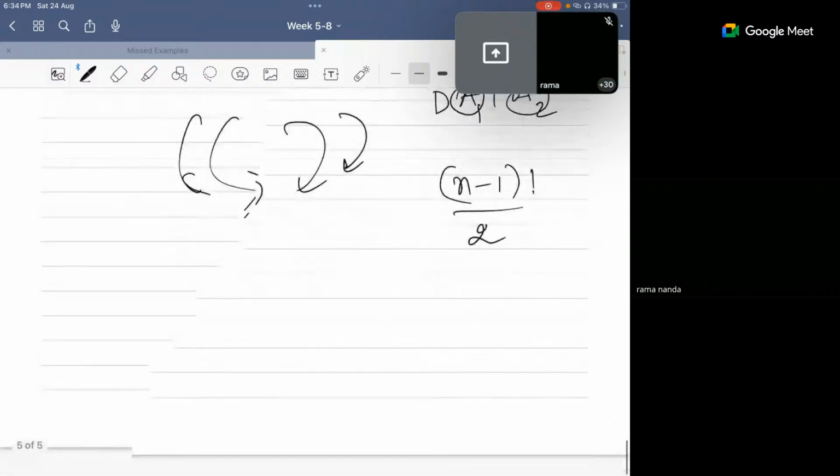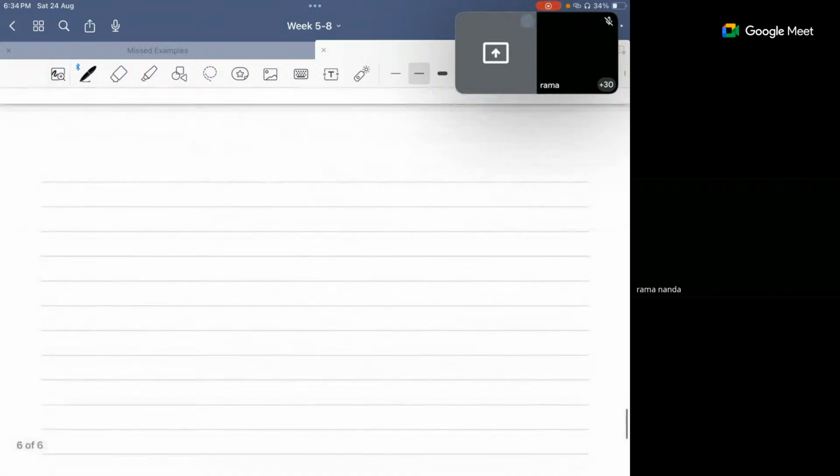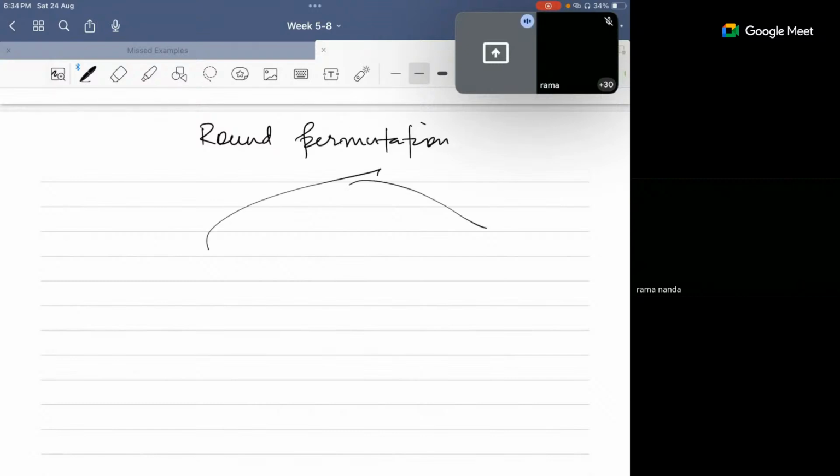So I'll just write it. In the round permutation, you can have two things. First of all, you're just fixing one place for one of the objects. If you're fixing one place for one object, you're left with n minus 1 factorial. So n minus 1 factorial is the number of ways you can arrange objects in a circular way.